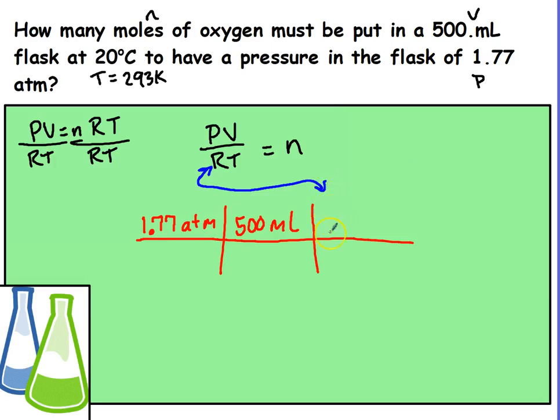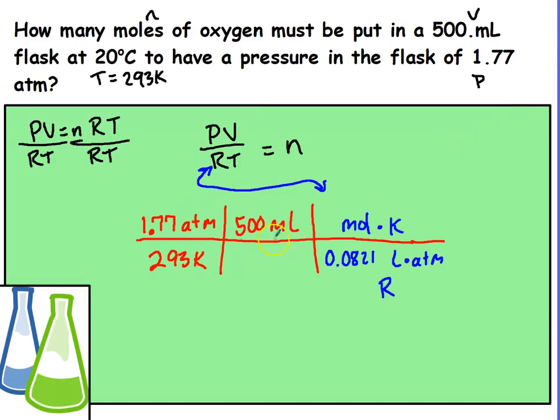Since I'm dividing by R, the number is going to go at the bottom: 0.0821 liters times atm divided by moles times Kelvin. Again, you need to be careful with those units. This is my R. I just had to put it at the bottom because I'm dividing by R. Divided by temperature, I put that also at the bottom, 293 K.